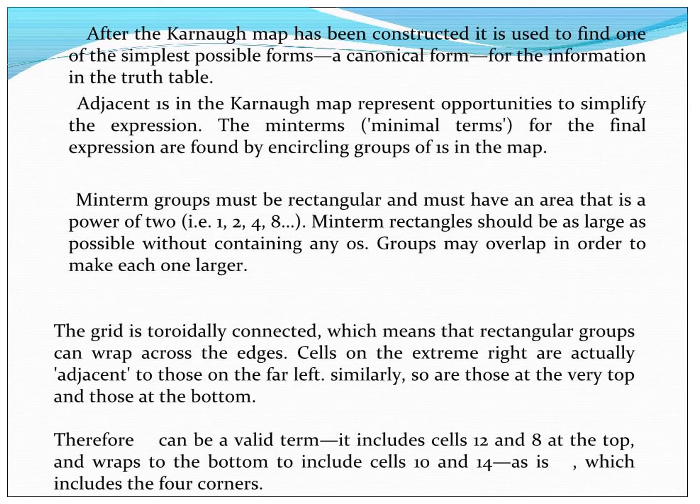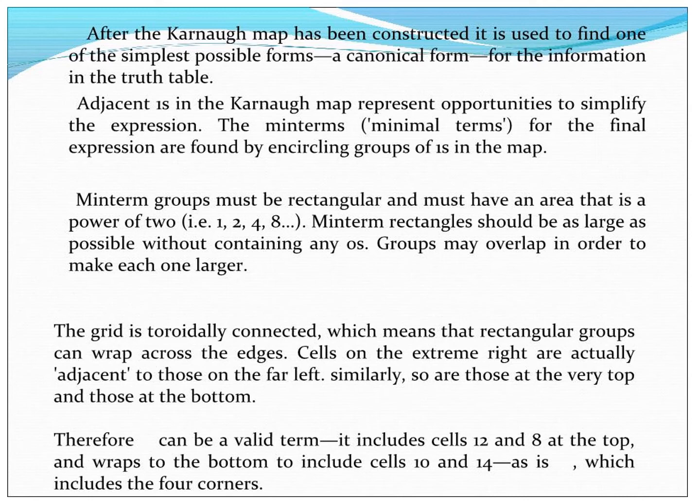Min term groups must be rectangular and must have an area that is a power of 2, that is 1, 2, 4, 8. Min term rectangles should be as large as possible without containing any zeros. Groups may overlap in order to make each one larger.